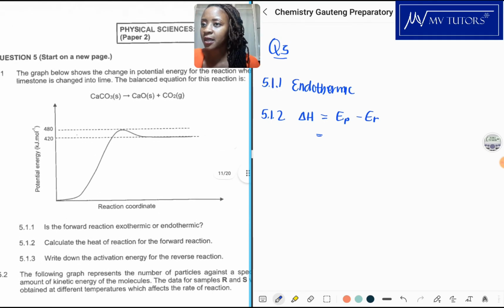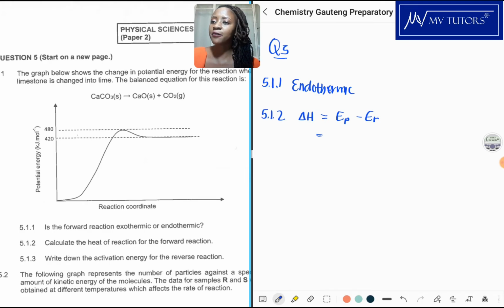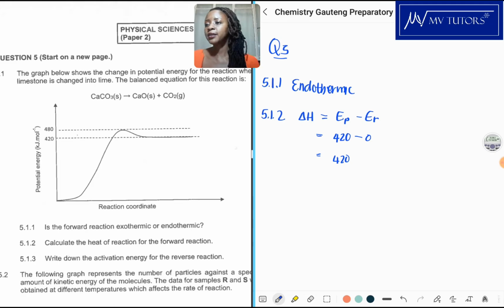I hope you can see it quite clearly there. So you have 420, that's where your products form, the energy that your products have formed. And reactants, well, at the beginning you have 0, right? So at the end, our enthalpy or heat of reaction would be 420 kilojoules per mole. Don't forget the unit, please.